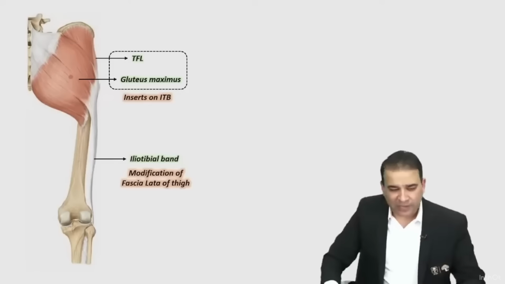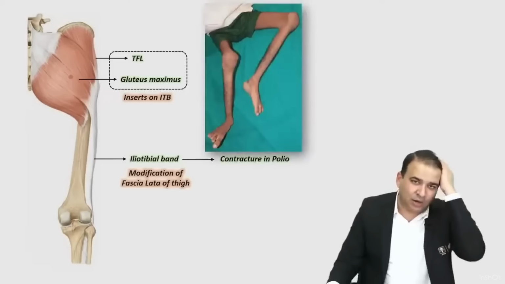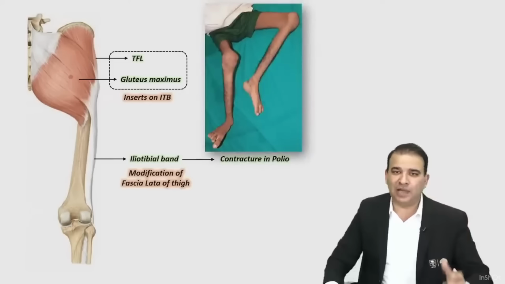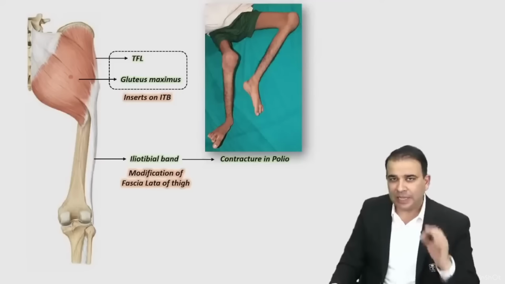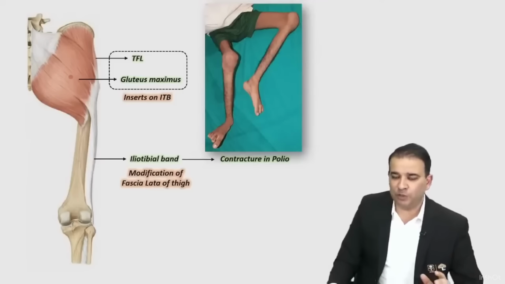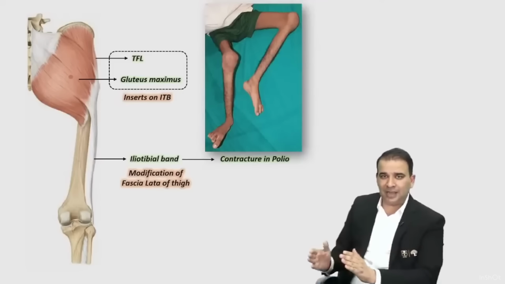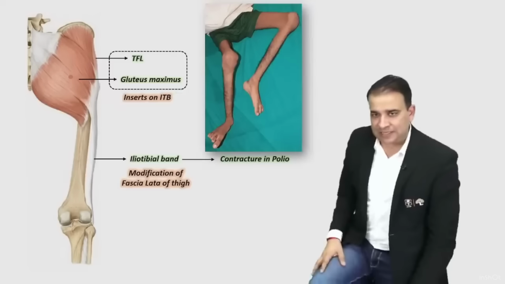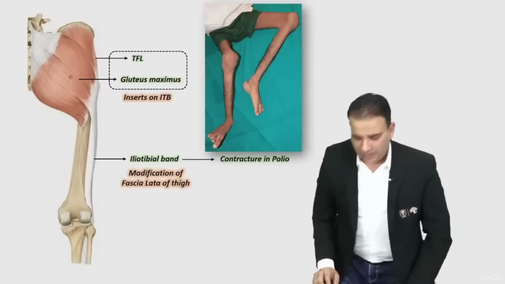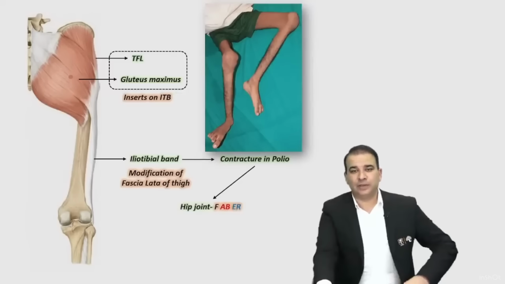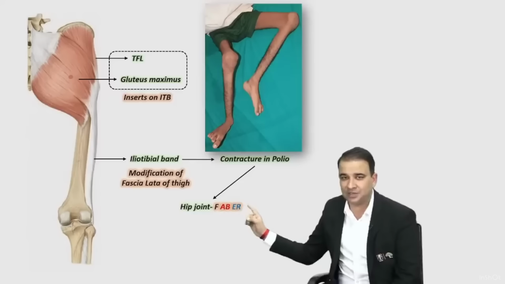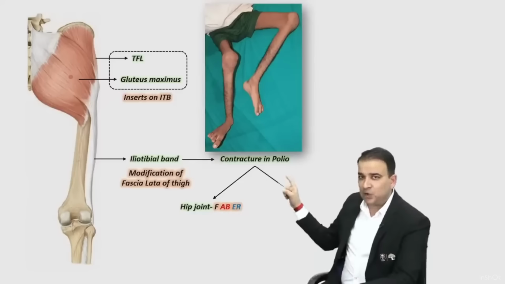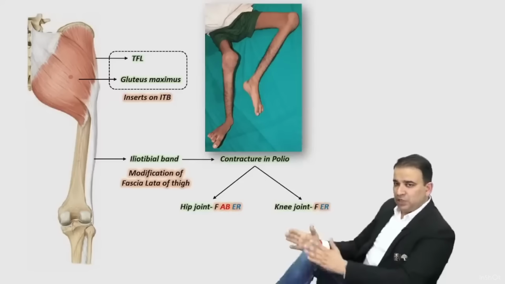Now, in case of iliotibial band contracture, what will happen, guys? Like in case of poliomyelitis, there is a contracture of the iliotibial band. The hip joint will assume a position of flexion, abduction, and external rotation. Your hip joint will be flexed, abducted, and externally rotated, and that is the FABER position. And the knee joint is also flexed.